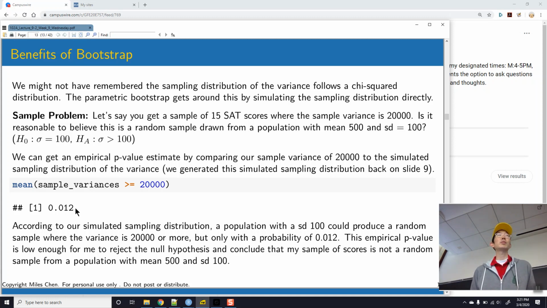Okay, so maybe it's not a random sample, maybe it's coming from a different population, who knows? I'm thinking it's not a random sample from this specified population. So I'm able to get p-values, and these are just estimated empirical p-values based on my sampling distribution, but it seems to work, okay?